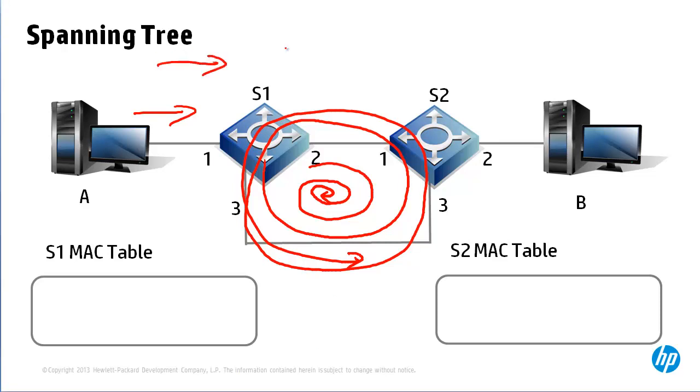So a single frame coming in could be replicated 40 times, for example. There's an exponential increase of traffic on the network. What ends up happening in a broadcast storm or a loop like this is that frames loop round and round, consuming bandwidth and network resources.